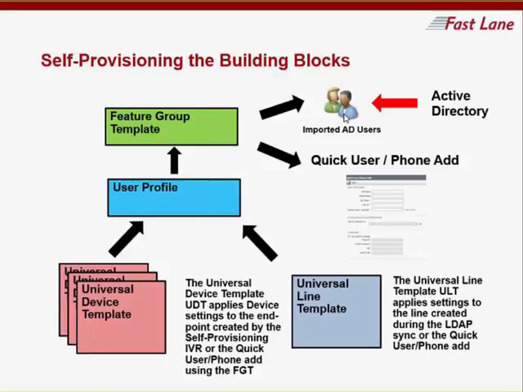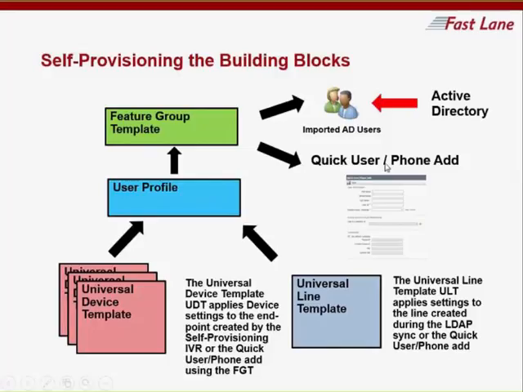So that means any user that gets imported from AD, it will apply this template to them and create a directory number for them automatically using the universal line template. What happens then, everybody, is when those users call the self-service IVR, it will then deploy their phone using the universal device template that's been assigned to this. That's kind of how it works.